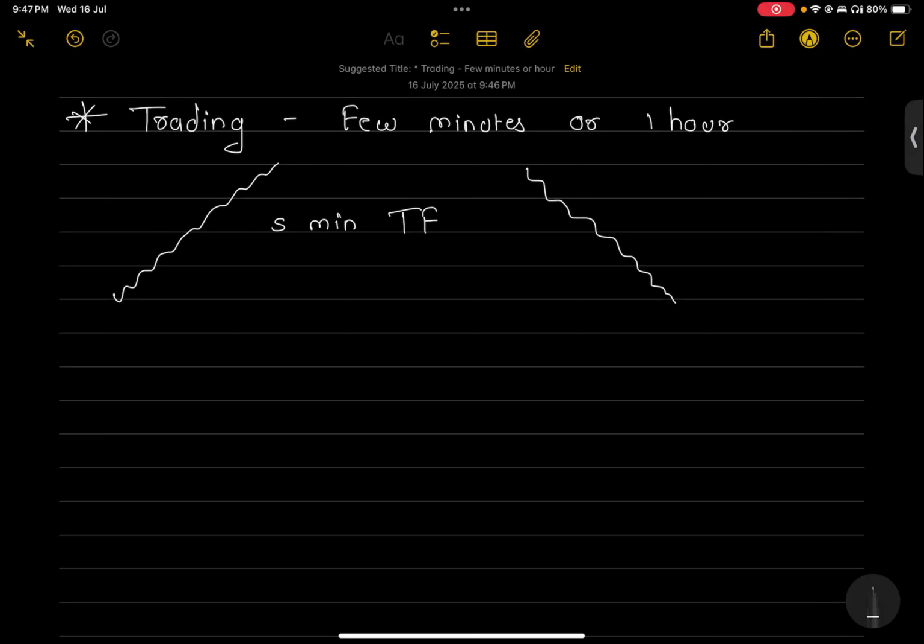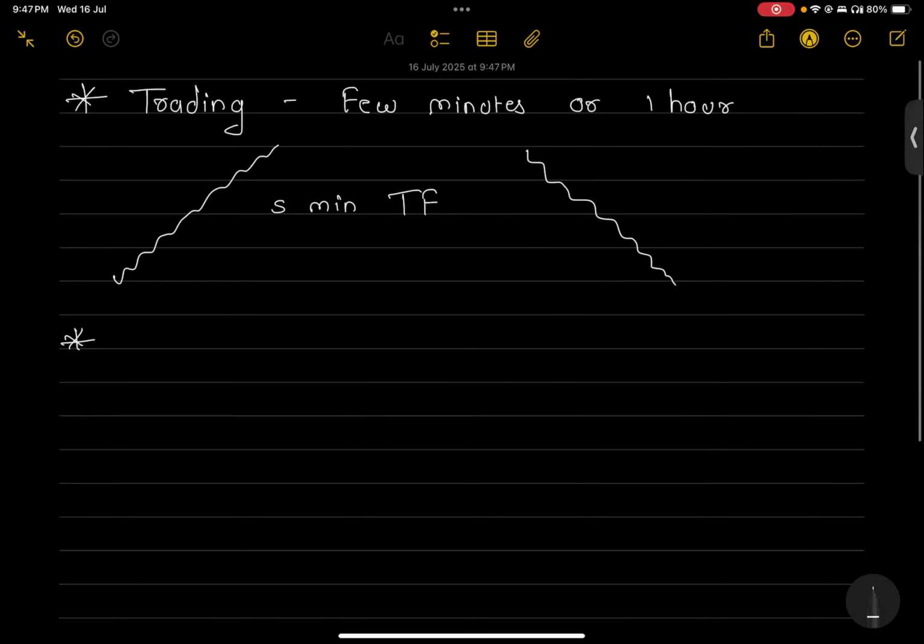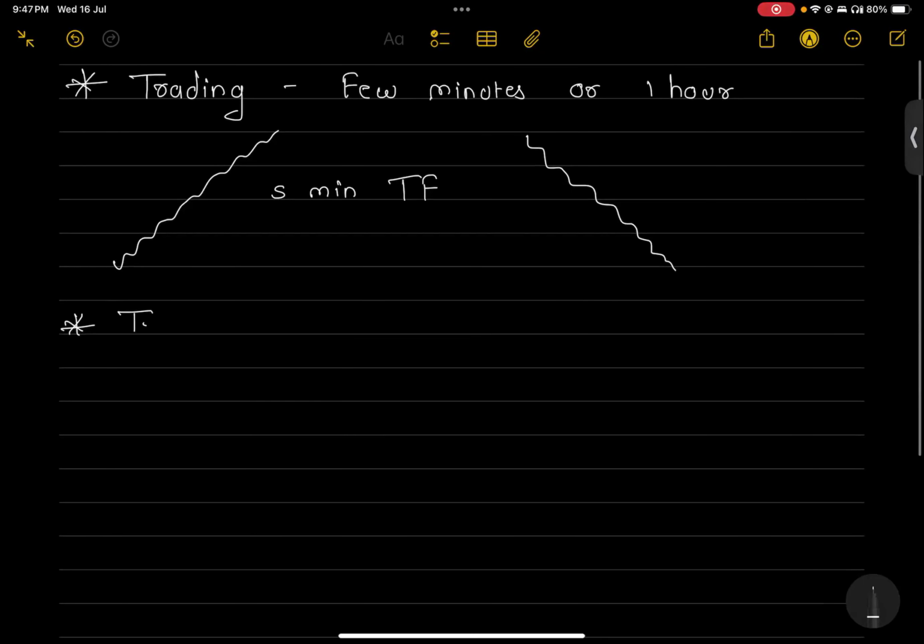The only thing is we should know how to do analysis of that trend, how to do analysis of the swing. So understand, guys, if I'm talking about trend, we look at bigger data here.